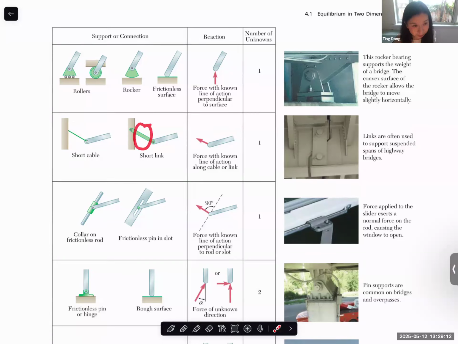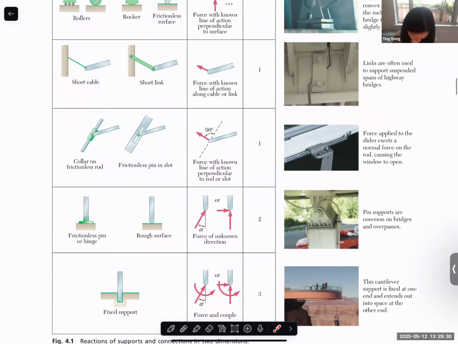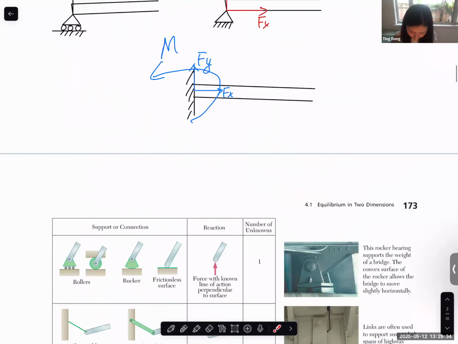If it's this link, it has tensile and compressive force, but both need to be in this direction. And for this one, the reaction force is always perpendicular to this rod direction. And this is a pin joint. It's the same as what I said here.